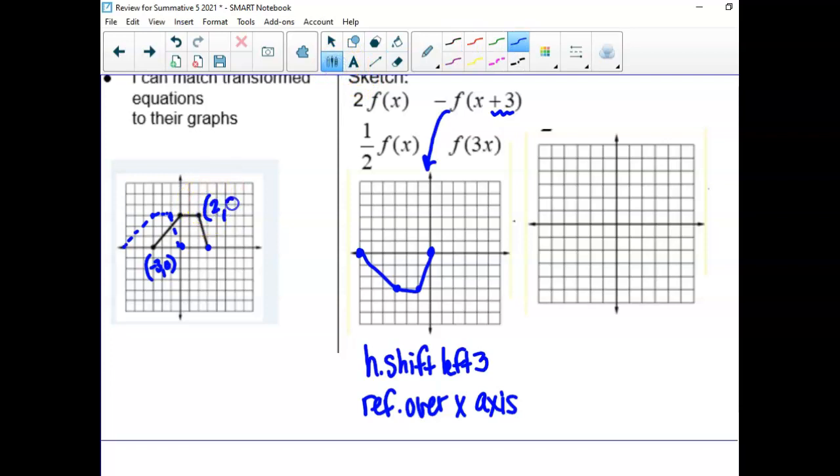Was it originally at 2, 3? No? Yes? So when we shifted it left 3, it was at -1, 3. And when we reflected, it was at -1, -3. Okay, I think I finally got it right. Oh, what's the last one?